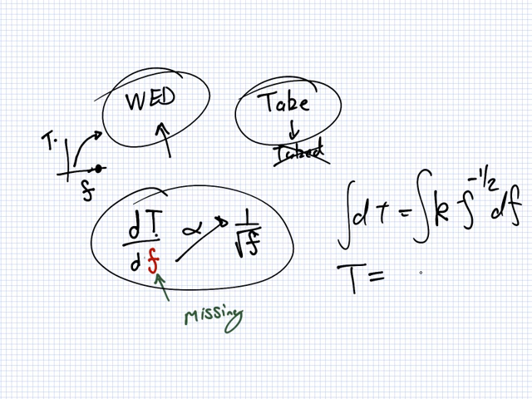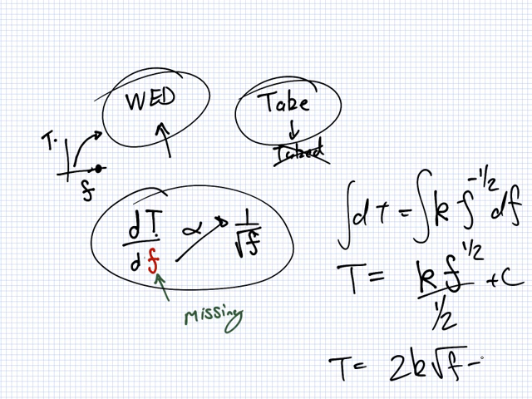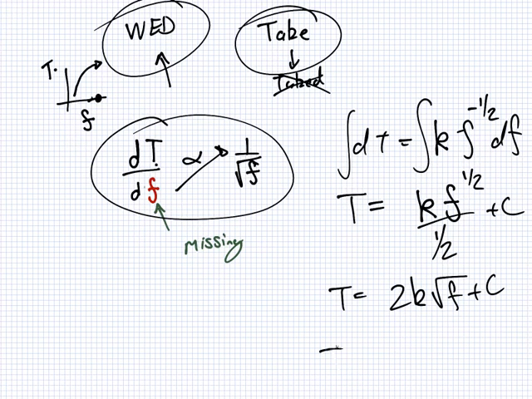And on the right? K, F to the 1 over 2, over 1 over 2, plus C. So T equals 2K square root F plus C. So T equals A root F plus B.